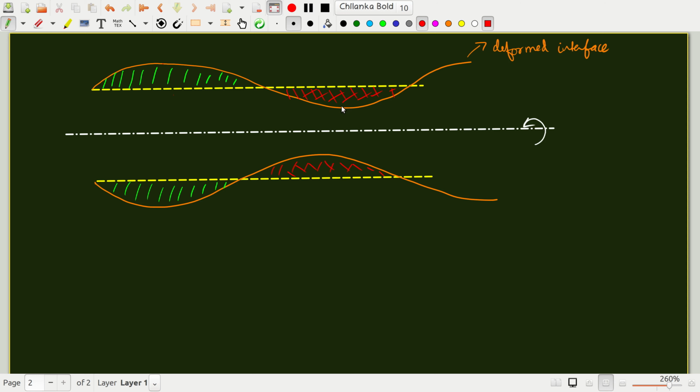So the point is, the volume gained by the crest is more than the volume lost by the trough.